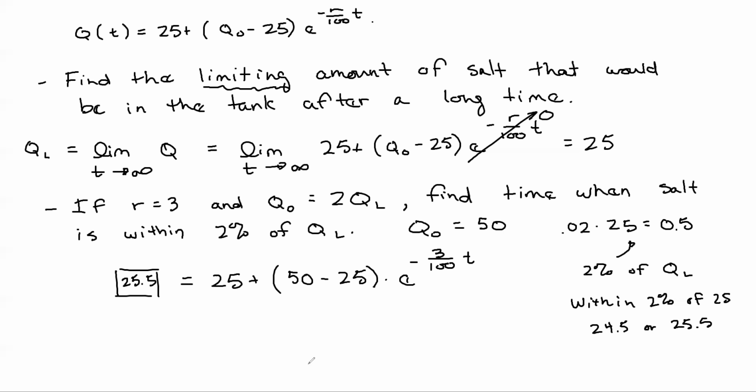So let's solve our algebra problem. Move the 25 over: 50 minus 25, we get 25. Then we can divide over the 25. As we noted earlier, 0.5 divided by 25 is 2%. So we get 0.02 equals e to the negative 3 over 100 t, and then take the natural log of both sides.